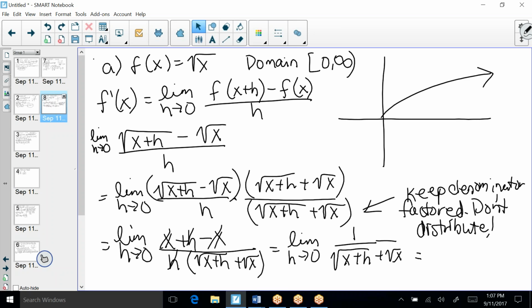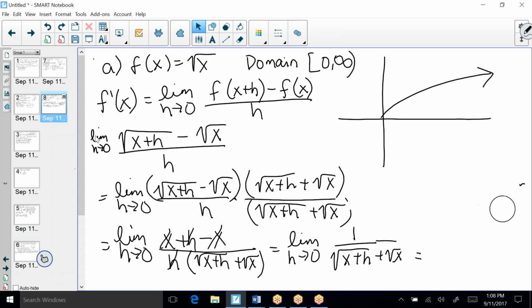So when we plug 0 in for h, what do you get? When you take that limit, you get 1 over square root of x plus square root of x.